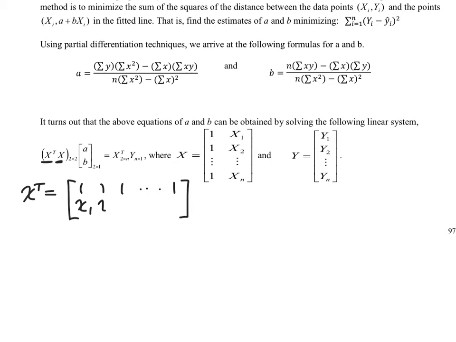Then x1, x2, I'm throwing in an x3, skip a bunch, x sub n. We're going to take that and multiply it by x. All right, so x, again, is all that other stuff, but I'm going to rewrite it just so I have a third one in there.